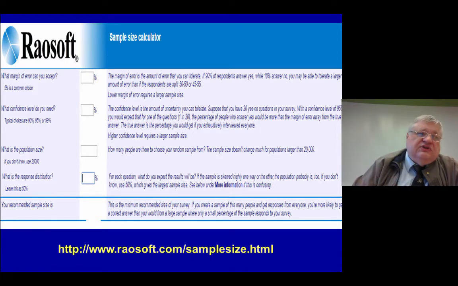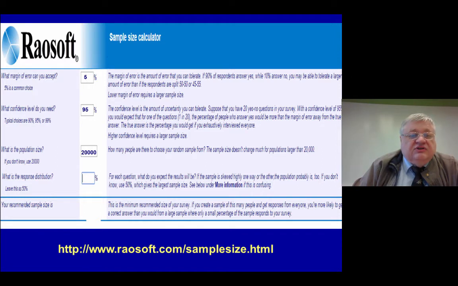Let's just say, in terms of what margin of error you accept, we type in the standard 5%. Confidence level, well, we want to achieve something that is 0.05 or better, so we're setting it at the 0.05 level. Population size, this is a huge thing. The population's very big, so let's put in their ceiling, which is 20,000.